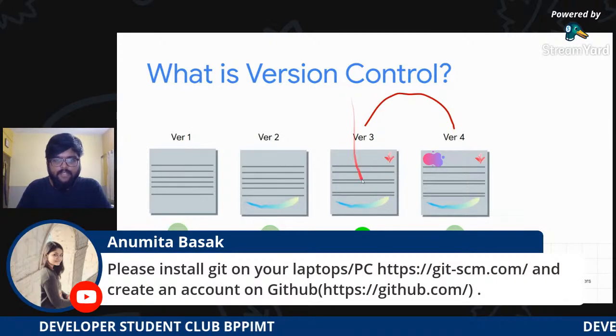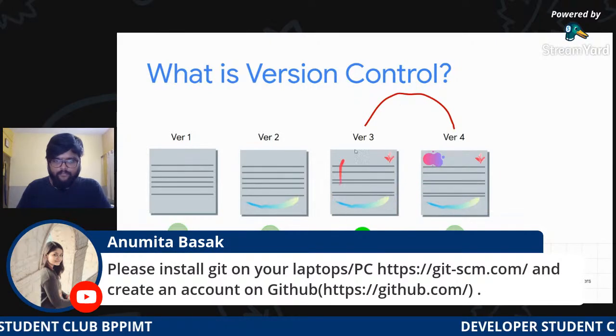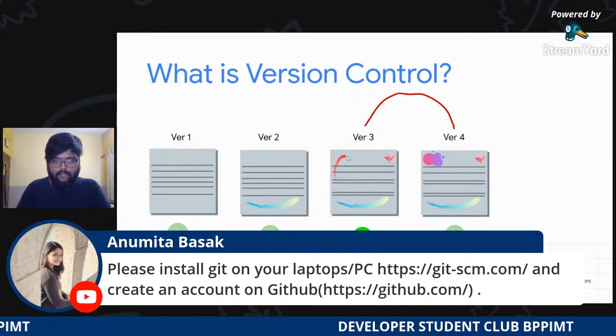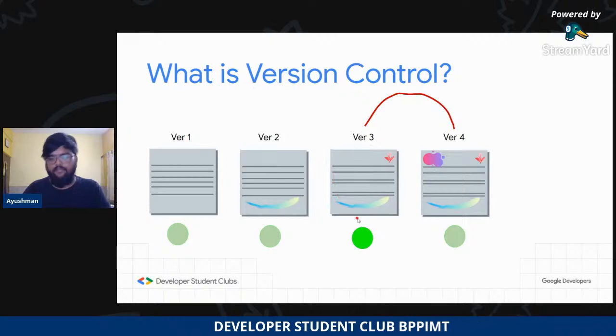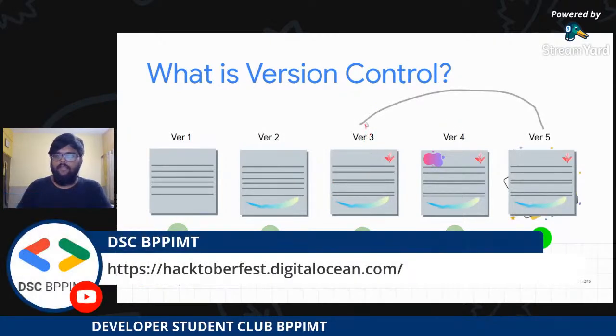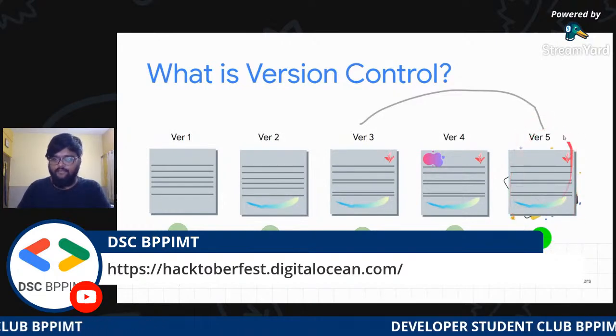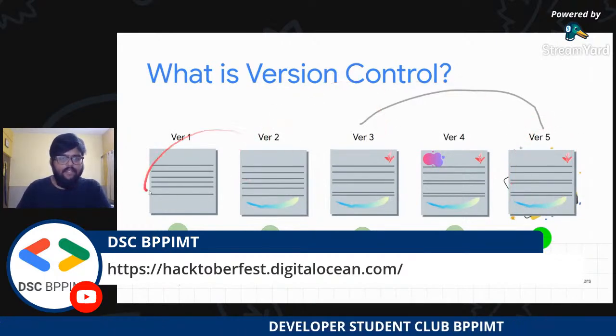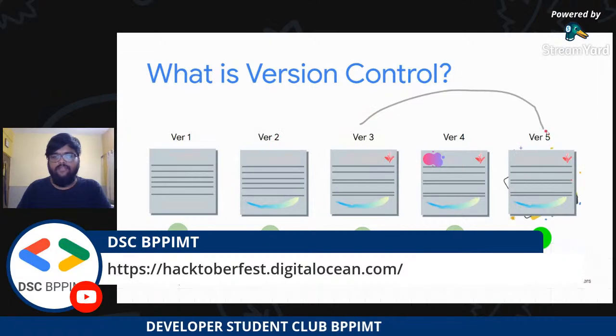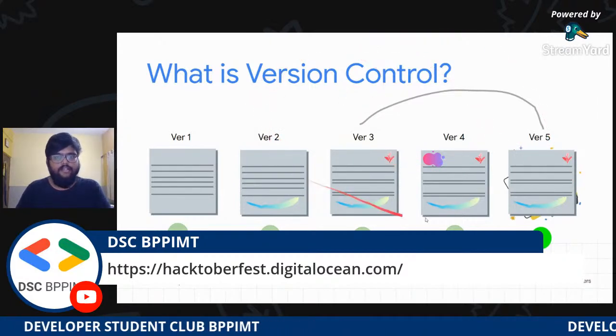Now this will become non-linear. Suppose I want to enhance this poster even more, so I will be adding a background, and this will be my final poster. So this particular thing is only possible because we have something known as a version control system.